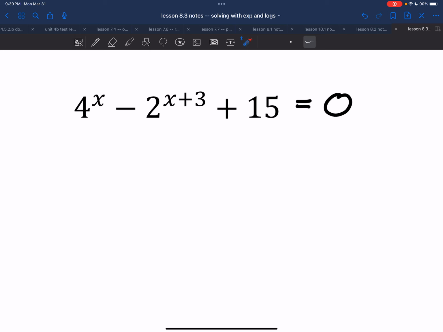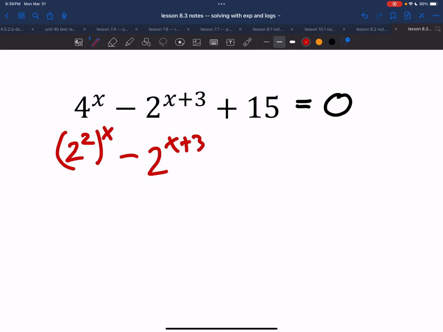What we're going to do is actually almost no logarithms in this. We're going to play. And here's how we're going to do this. 4 can be rewritten as 2 squared. This is true. Okay. And so I have this. Okay? 4 can be rewritten as 2 squared.